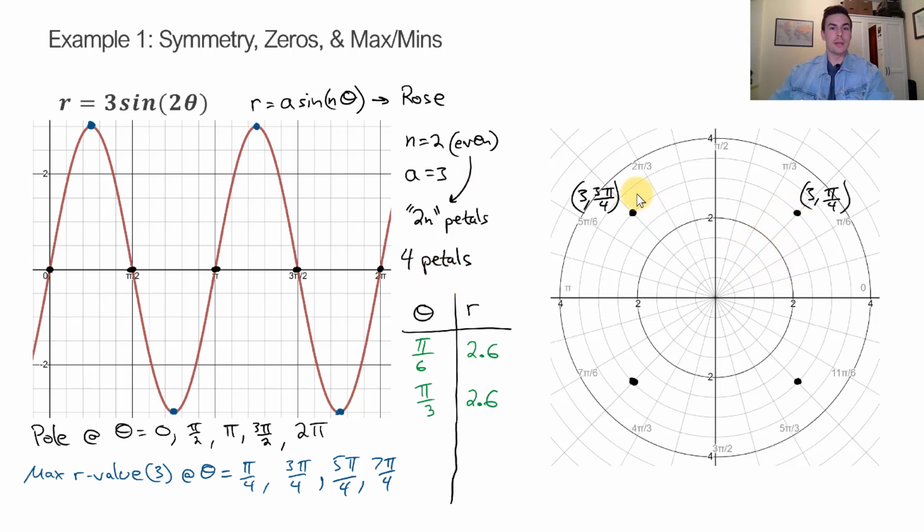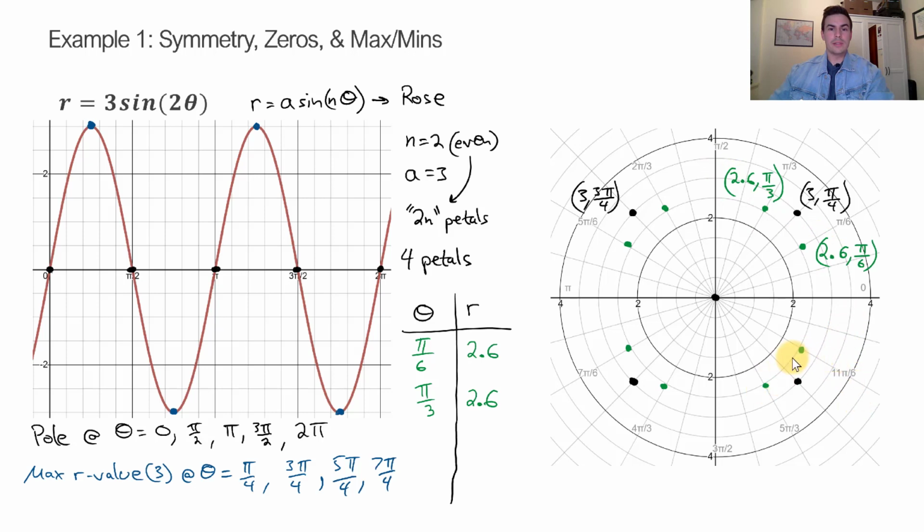I know I have 4 petals. I've got 4 of these maximum r values, so each one of these is going to be a petal, right? So if I can find the coordinates for pi over 6 and pi over 3, then I can really easily mirror those for each one of my petals, because all my petals in this instance are going to be the same shape. So that's pi over 6, that's 2.6 and 2.6.